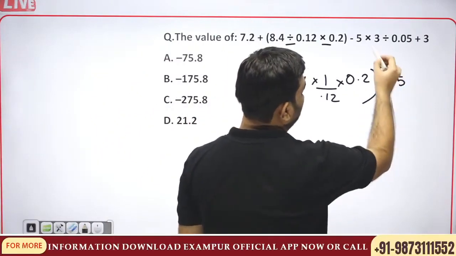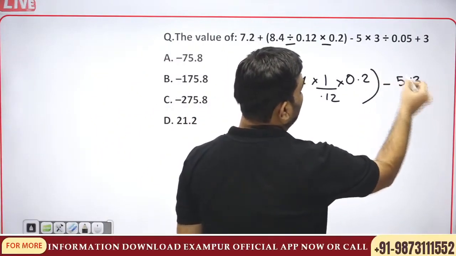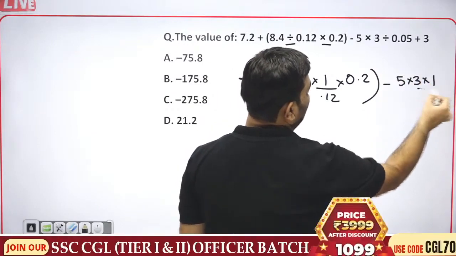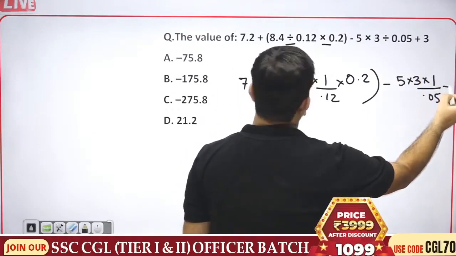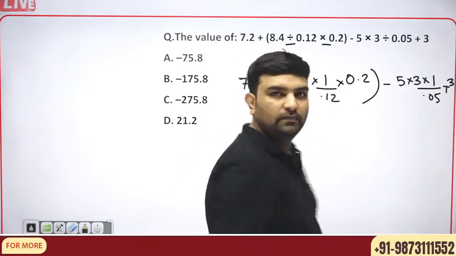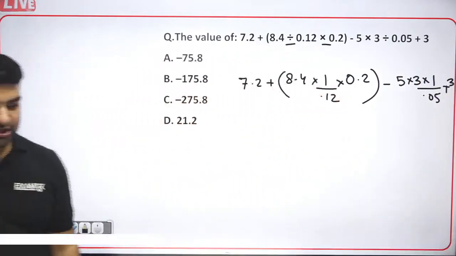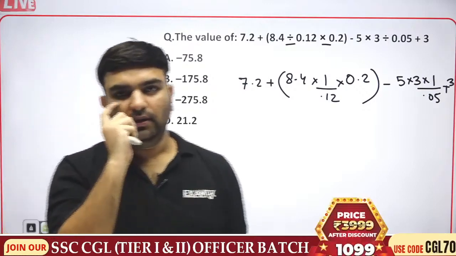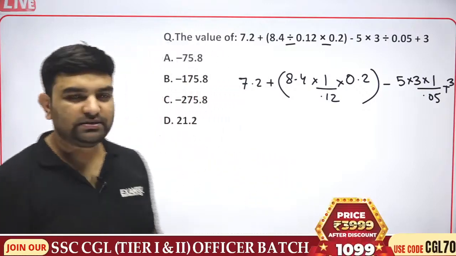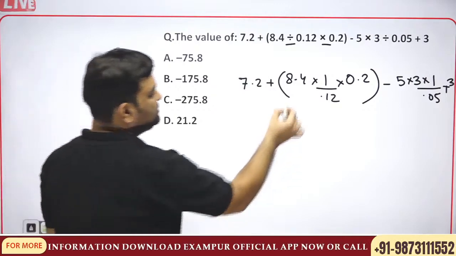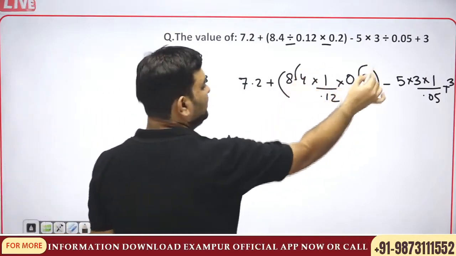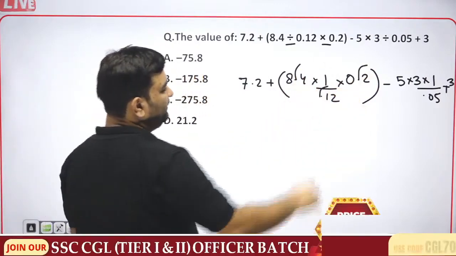Minus 5 into 3, again adjacent, divide by 0.05 plus 3. This is a cool trick, that if divide and multiplication are adjacent to each other, do these modifications. 2 decimals in the numerator, 2 decimals in the denominator will cancel out each other.